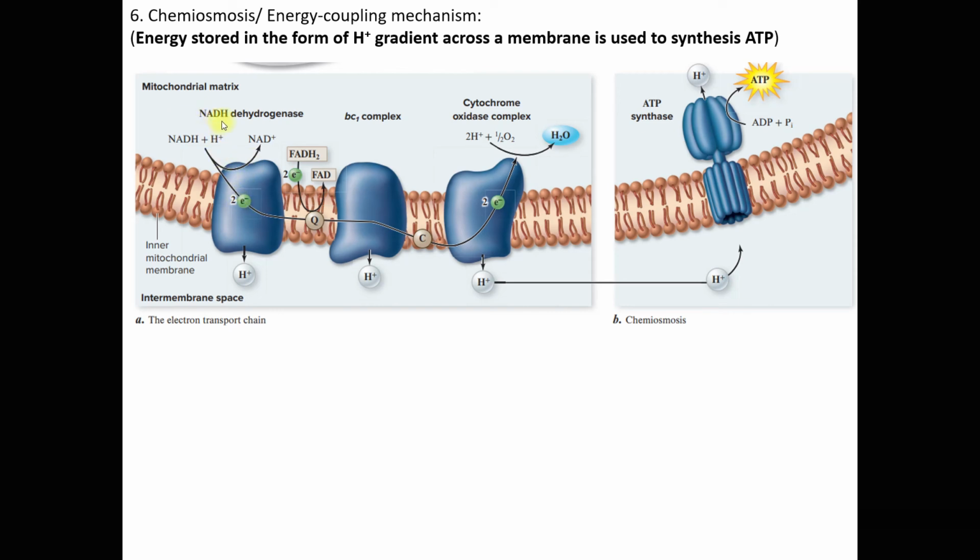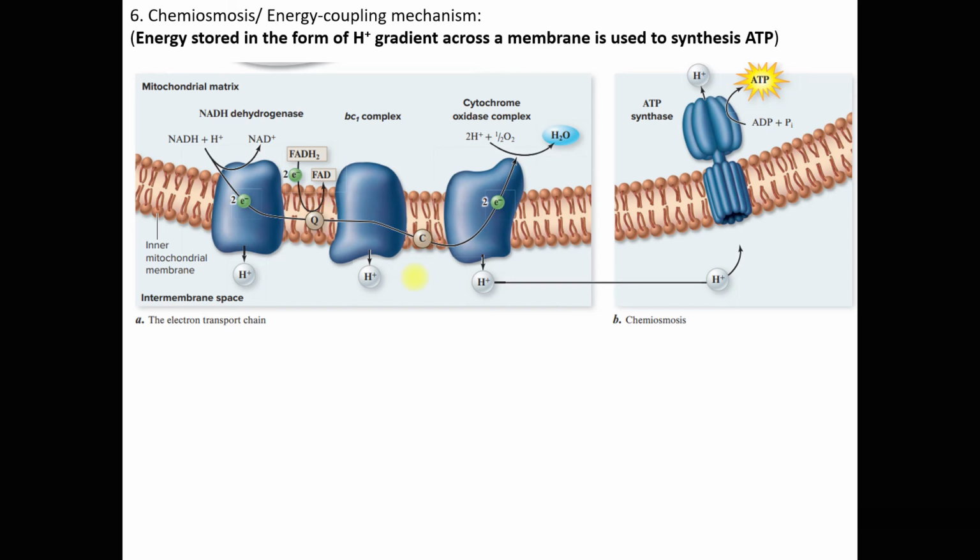So NADH ini dia akan pass proton kan pergi complex 1. So complex 1 akan pump proton tu pergi inner mitochondrial membrane, okay, or inner mitochondrial space. Yang complex 3, complex 4 ini dia akan pump proton daripada mitochondrial matrix pergi ke inner membrane of the mitochondria, okay, intermembrane space of the mitochondria.